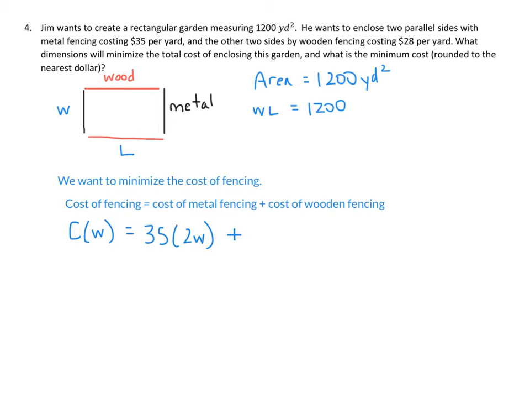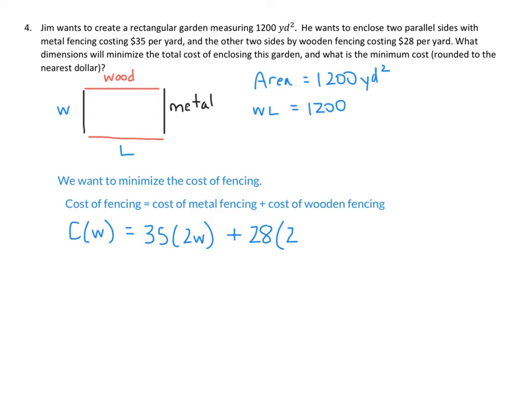The wooden fencing is $28 per yard, so $28 times however many yards we have. That's going to be 2 times the length, since we have two sides made of wood. So 2 times L.